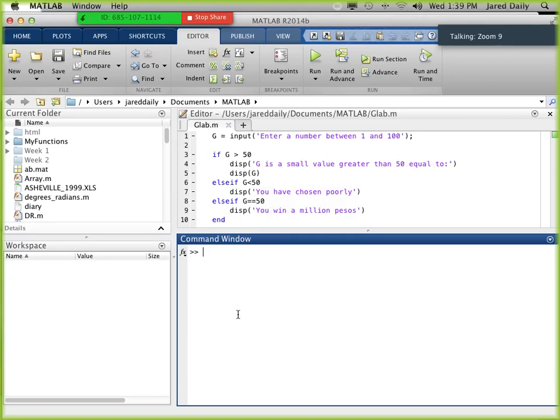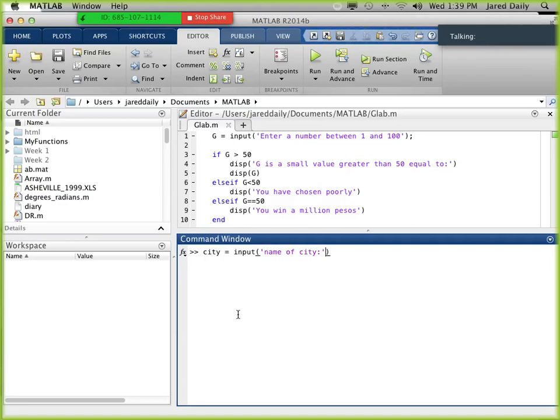The switch case structure, you start off with some kind of information input, some kind of a variable definition. In this case, we're going to ask for some input from the user to go into this variable city. So city is going to equal the input from this question, name of city.